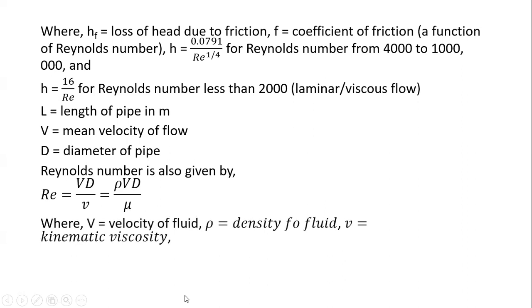So let's talk about this. Capital V is the velocity. Rho is the density of the fluid. Nu is the kinematic viscosity of your fluid. Then we also have D, the diameter of the pipe, and the other one is the dynamic viscosity coefficient, mu.